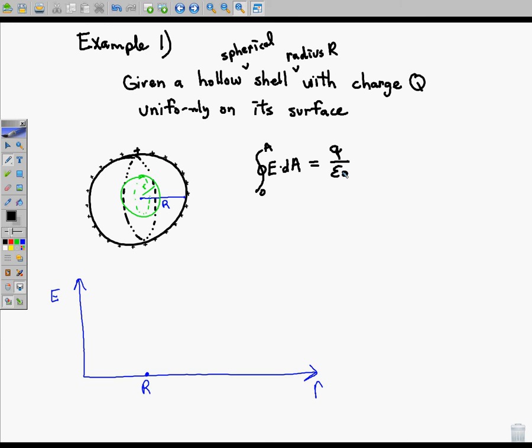Due to symmetry, the electric field strength is going to be the same throughout.